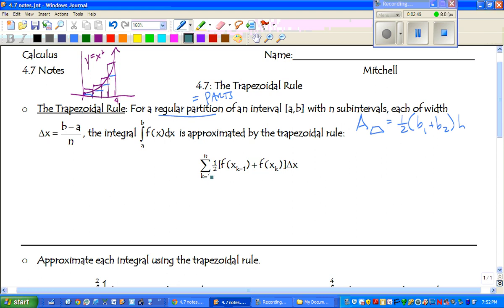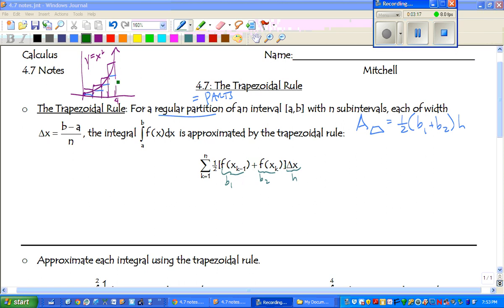We're taking the sum from k equals 1 to n of 1/2, same as over here, times f of x sub k minus 1, that's our base 1, plus f of x sub k, that's our base 2, and our delta x is our height. So all this is saying is we're taking the sum of the areas of all these trapezoids. So let's actually look at an example.